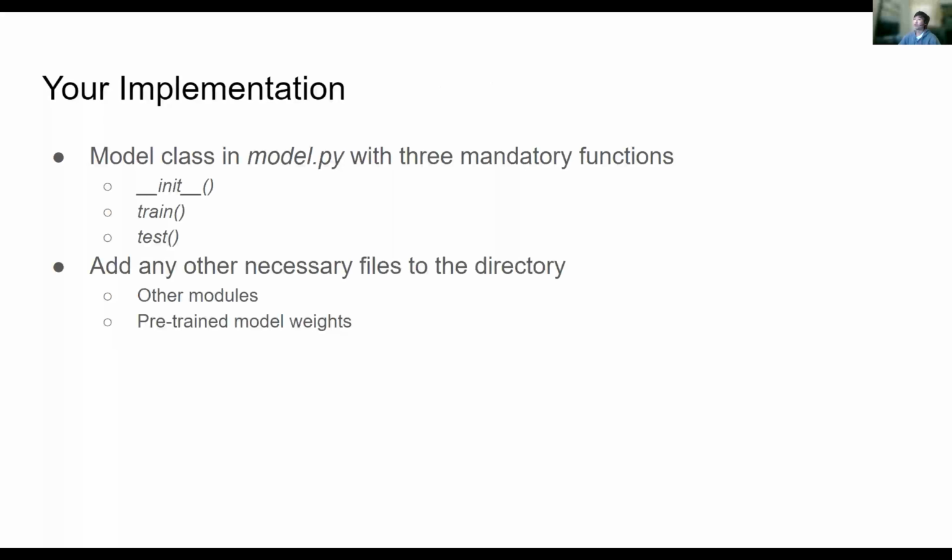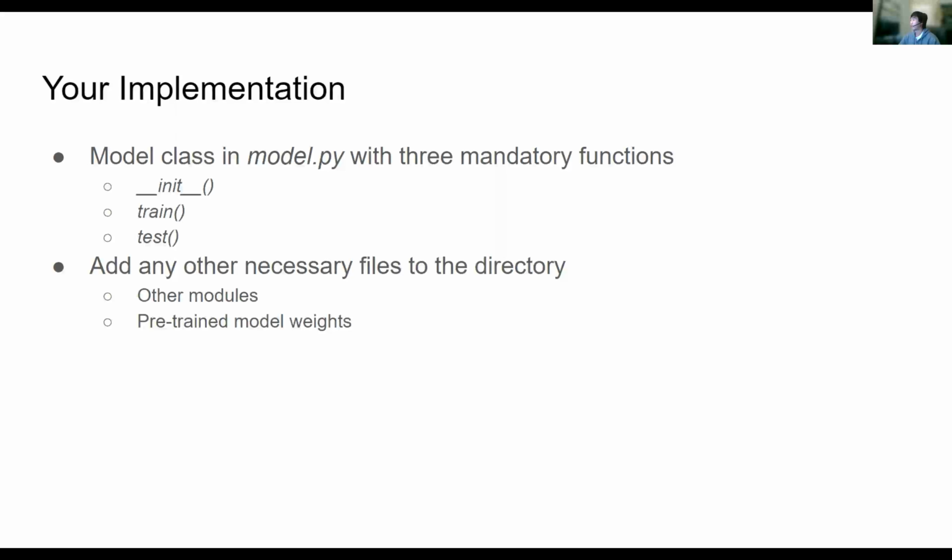So what you'll need to implement is a model class within a model.py file, and there are 3 mandatory functions: the initialization, the training, and the test. Training is where most of your work should go.